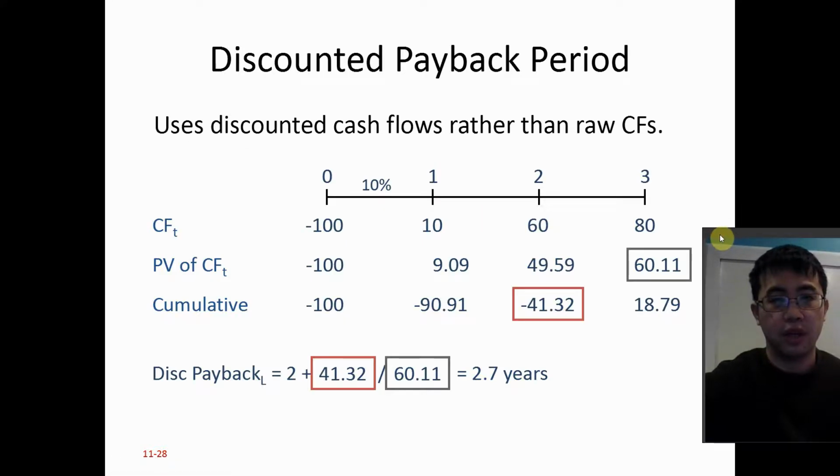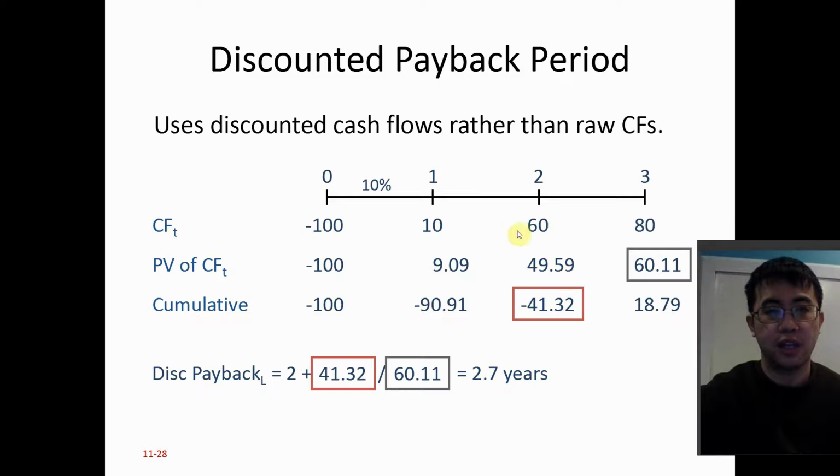In this method, instead of simply adding 10, 60, and 80 to your ending balance, you first discount the cash flows. The $10 with a 10% discount rate, discounted for 1 year, gives you 9.09. The $60, discounted for 2 years at 10%, gives you 49.59. And the $80, discounted for 3 years at 10%, gives you 60.11.